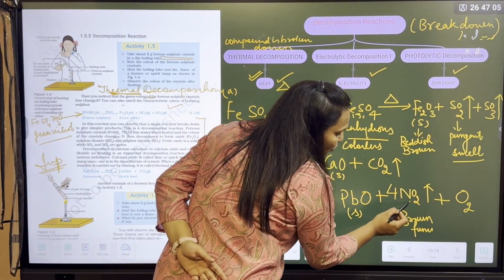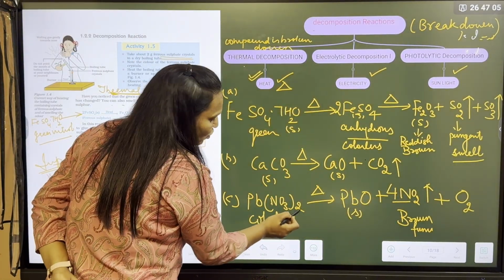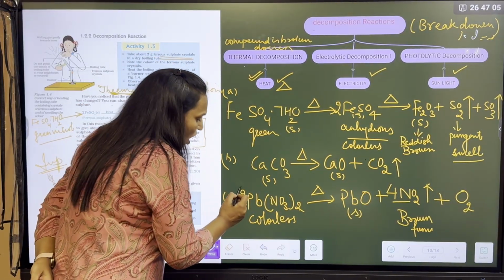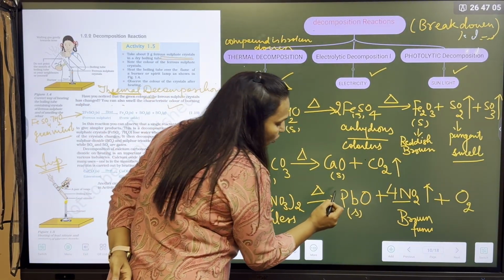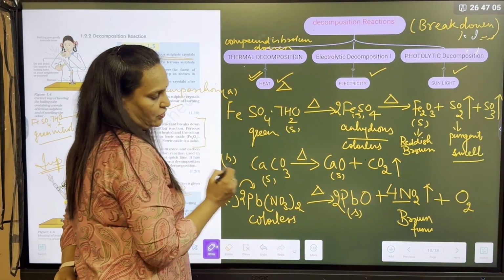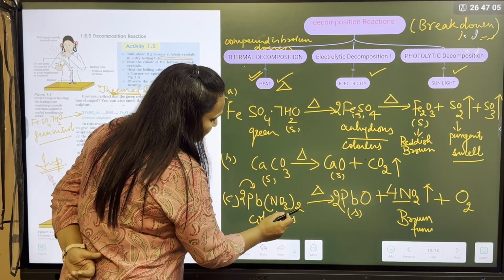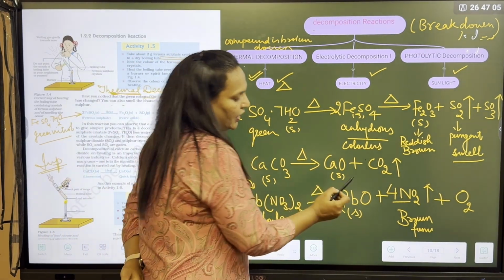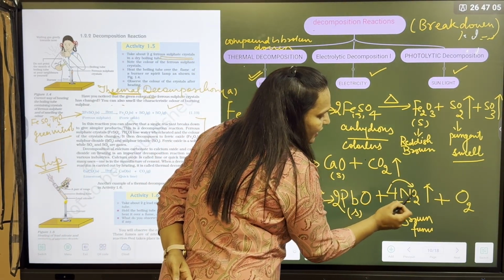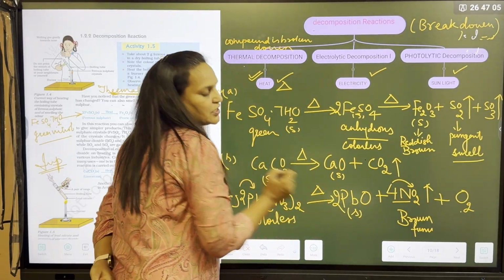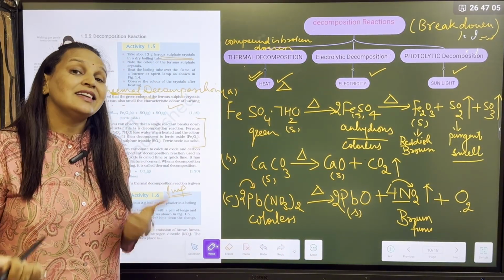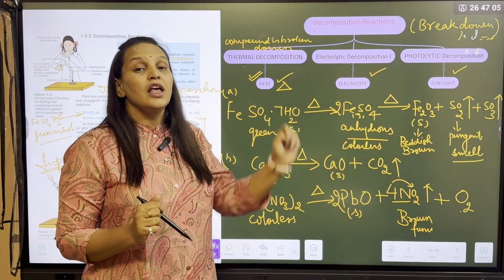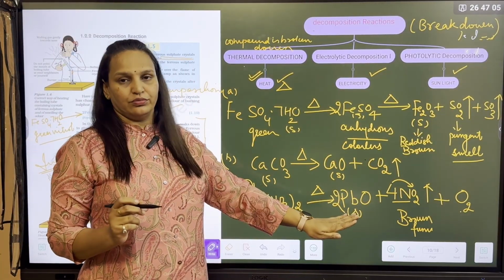Now, how many nitrogen? 4. But here, how many? 2. Can I put 2 in the front? Yes. Now, how many lead? 2. But how many here? 1, so put 2. So it is balanced. 3 2s are 6, 6 2s are 12. Total oxygen 12. Here, 4 2s are 8, 8 plus 2, 10, 10 plus 2, 12. So this reaction looks tough, but it is very easy if you remember one small trick, 4NO2 brown fumes.